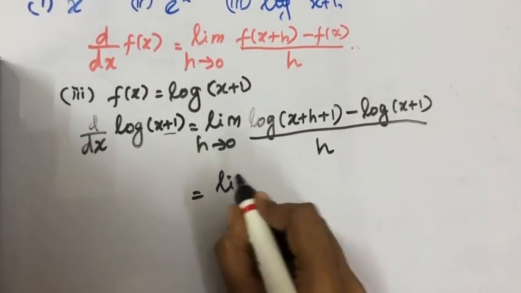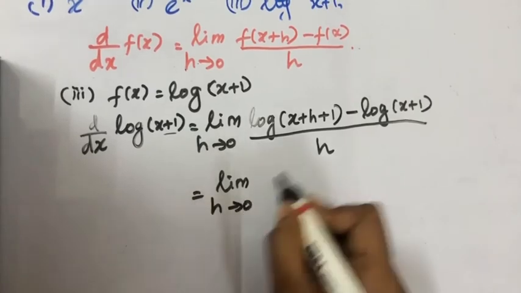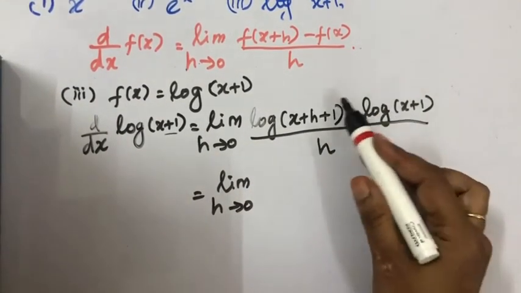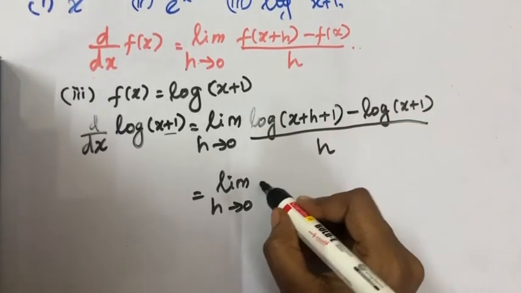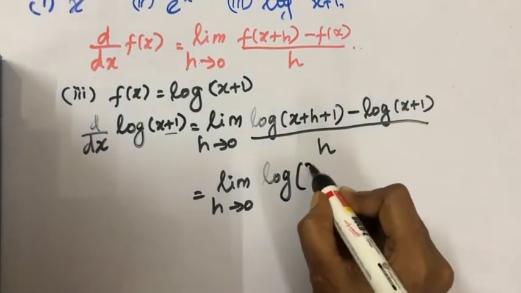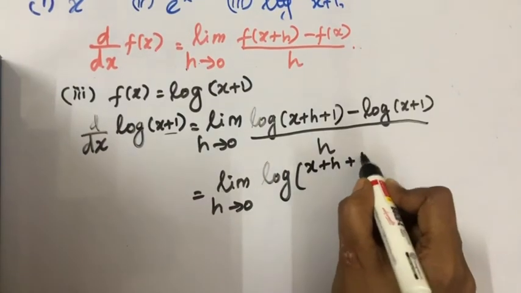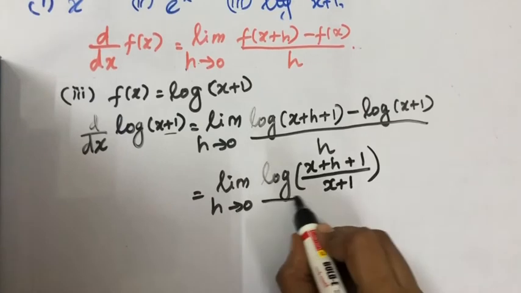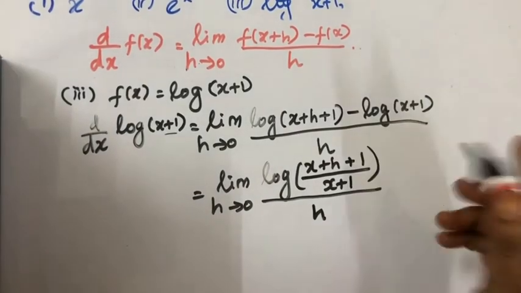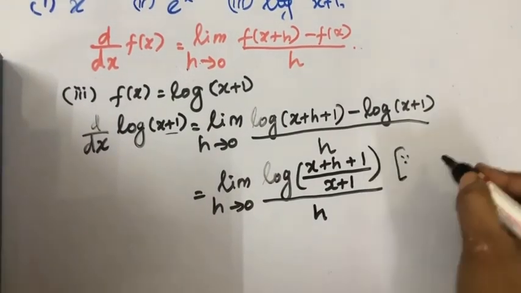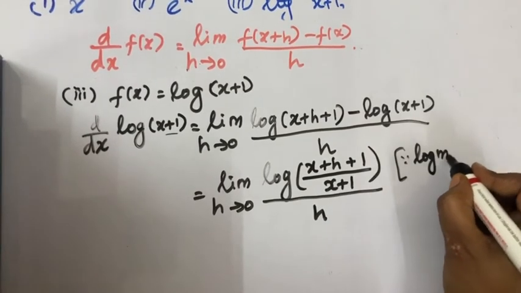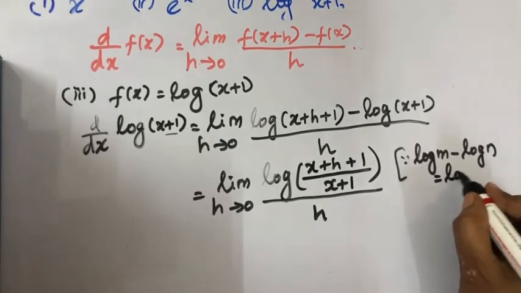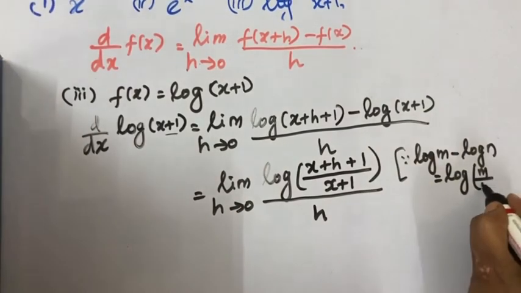That is equal to limit h tends to 0. We can write this as log m minus log n, that is equal to log m by n, isn't it? So, I write it as log x plus h plus 1 divided by x plus 1 whole thing divided by h. Since log m minus log n is equal to log m by n.